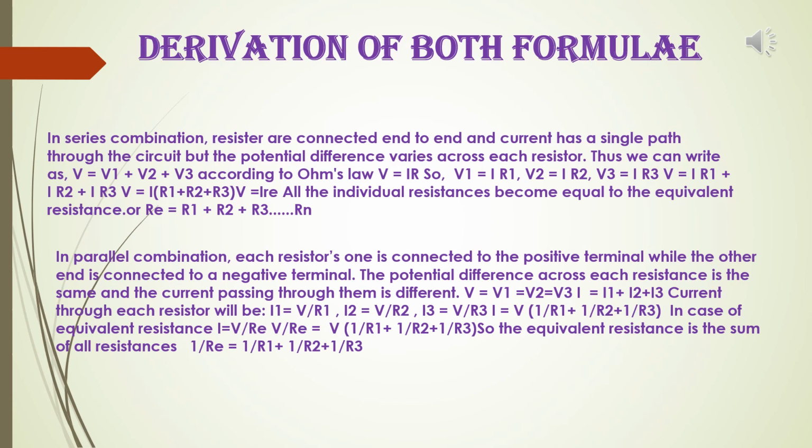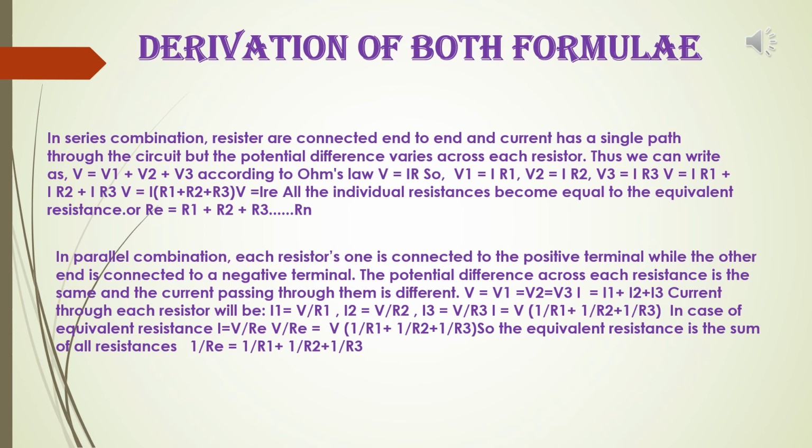In parallel combination, each resistance has one end connected to the positive terminal, while the other end is connected to the negative terminal. The potential difference across each resistance is the same and the current passing through them is different. Here V is equal to V1 is equal to V2 is equal to V3 like this.